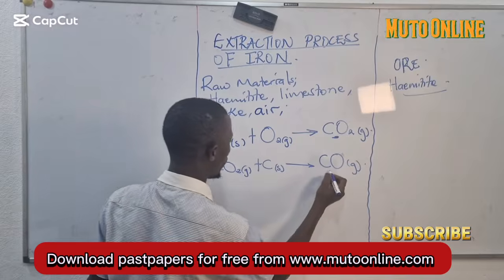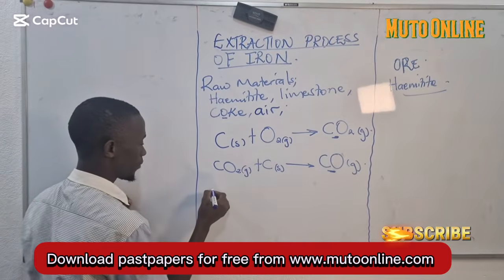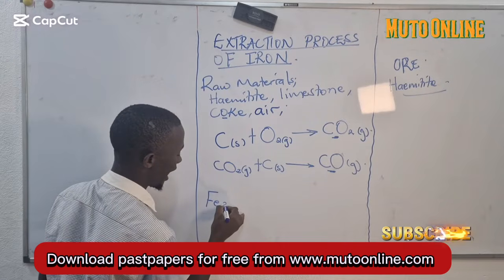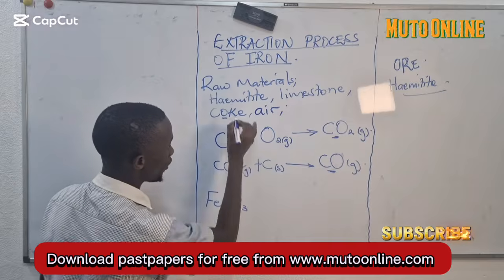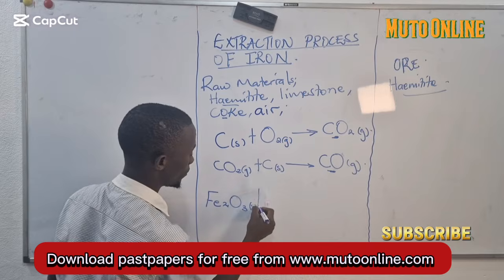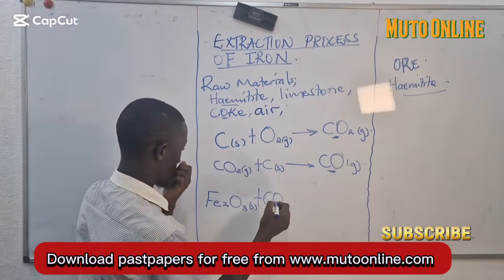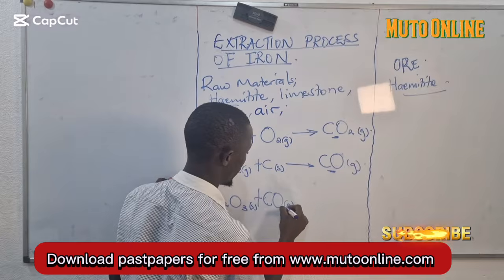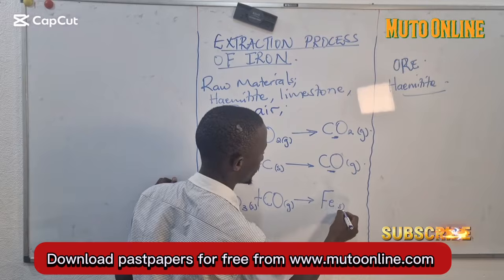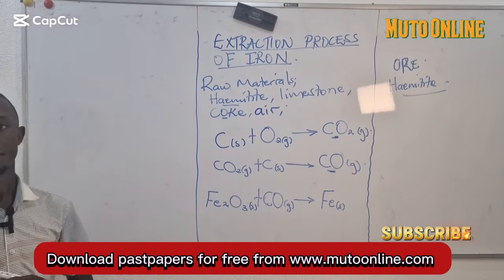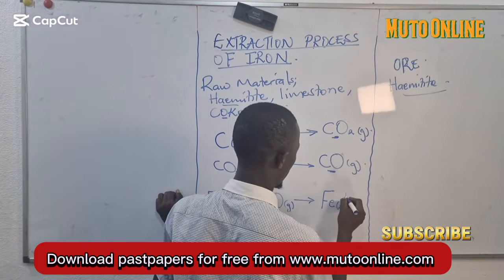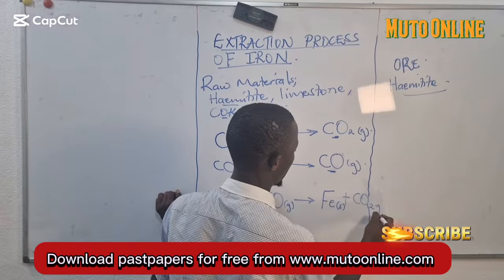The formed carbon monoxide gas is always formed to reduce the iron(III) oxide in the ore to form the iron and carbon dioxide gas.